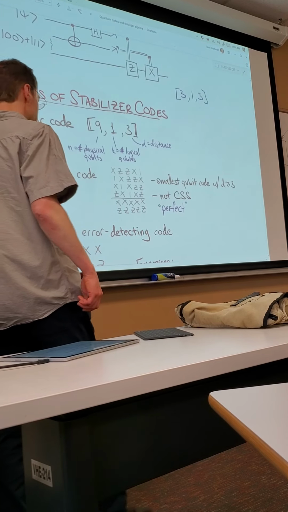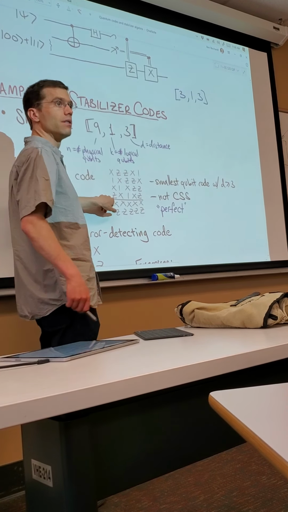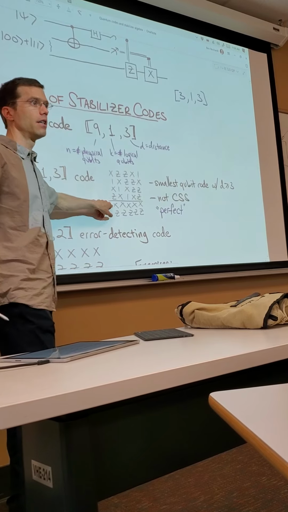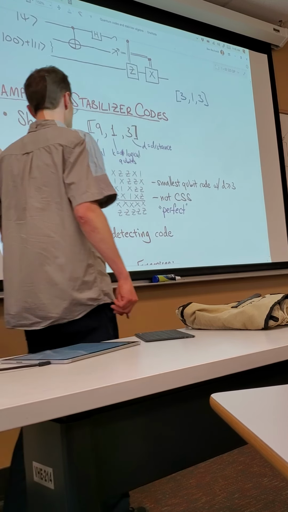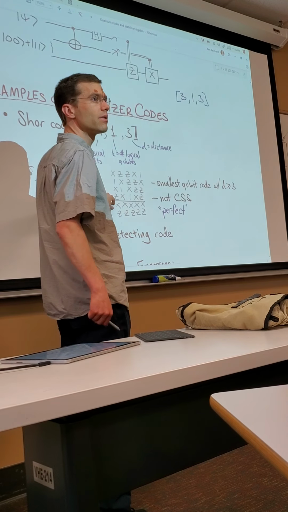And so this looks like it's a distance 5 code. These operators have weight 5, but actually it's not distance 5, it's still only distance 3, because there are lower weight operators that are equivalent to these.